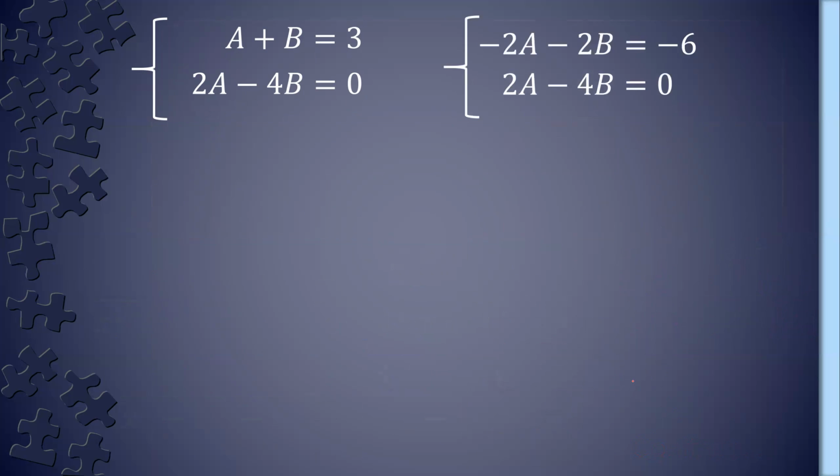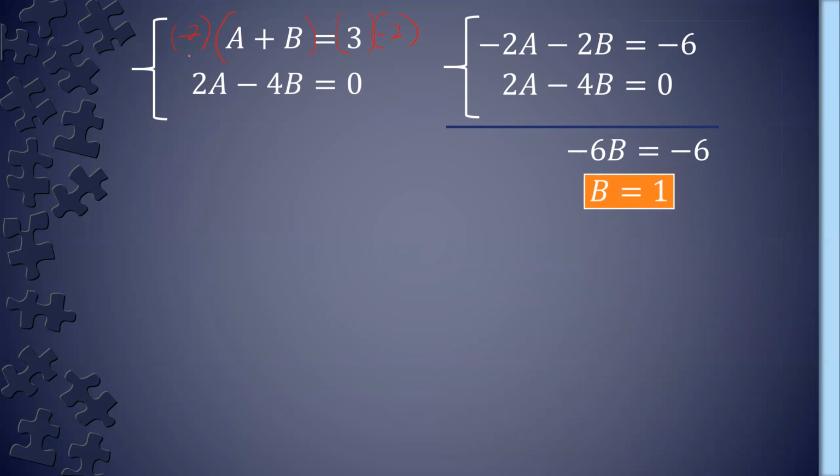I'm going to multiply both sides of the first equation by -2, and then add the two equations together to eliminate a. I have -6b equals -6. Therefore, b equals 1.